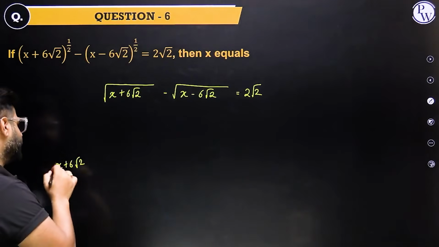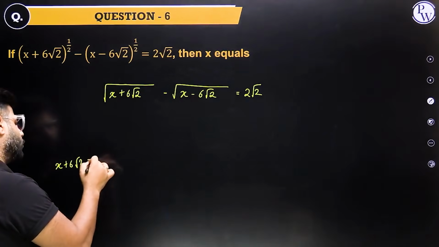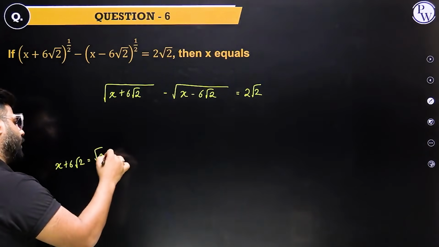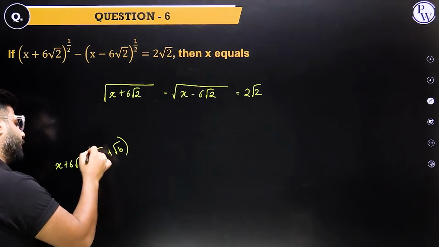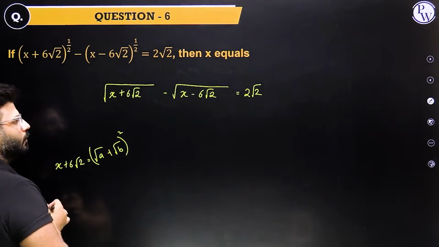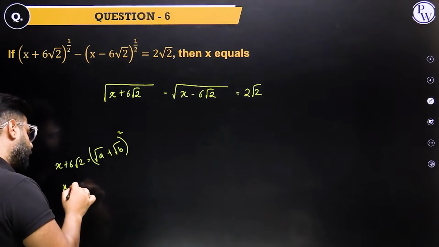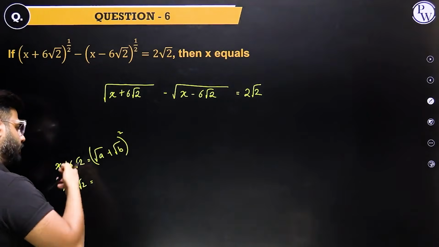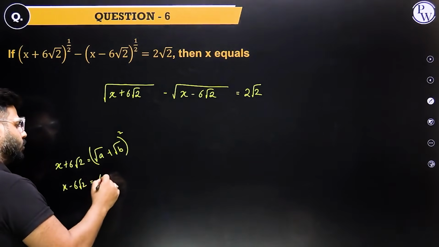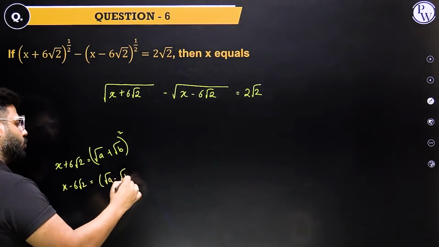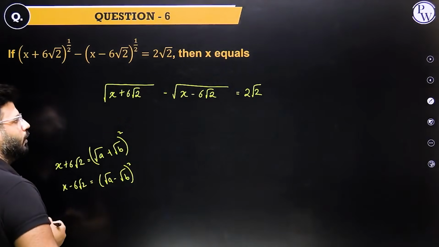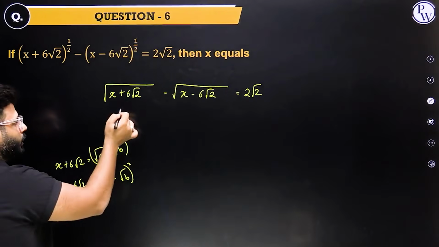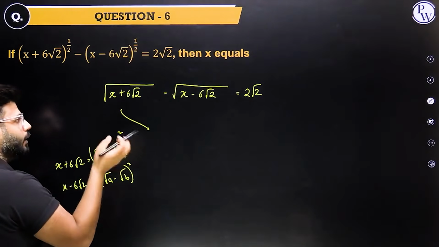What I'm trying to say is, let us say x plus 6 root 2 was a perfect square, say root a plus root b whole square. Then what would x minus 6 root 2 have been? The conjugate pair, that means root a minus root b whole square. If that was the scenario, this would have simplified quite simply.